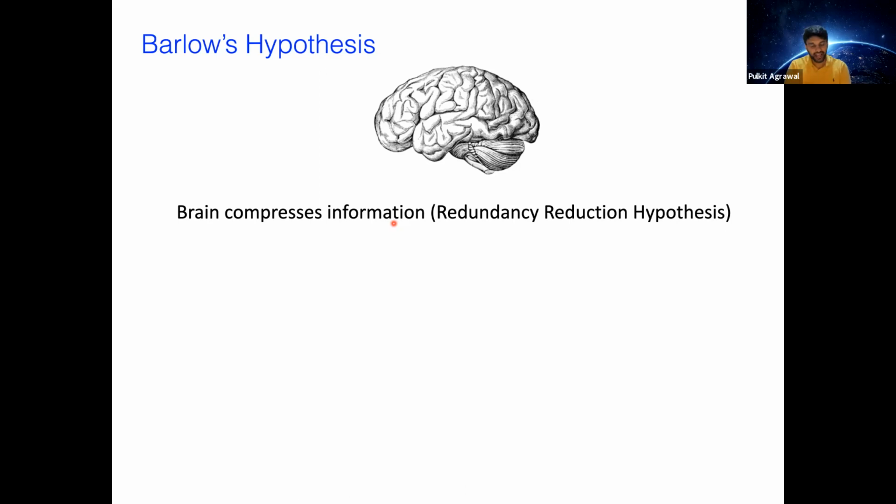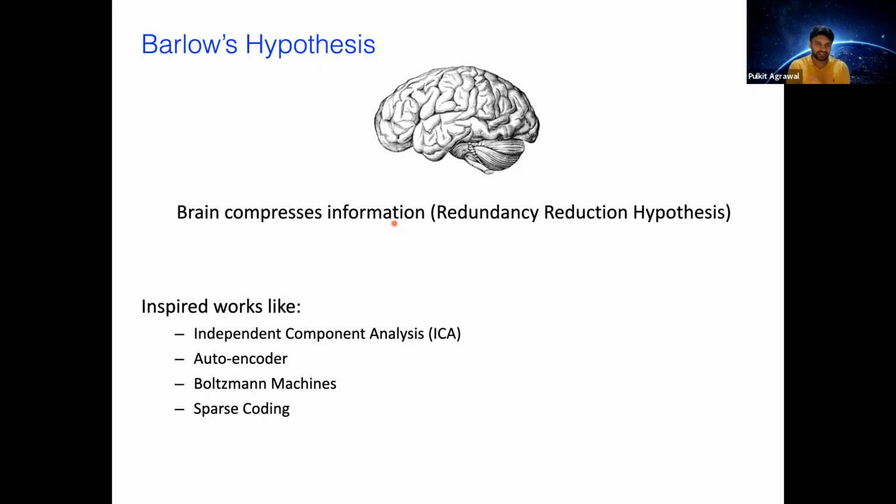That if I get a high dimensional observation, the brain is going to reduce it to as few bits as possible. And this inspired a lot of work, such as autoencoders, Boltzmann machines, sparse coding, independent component analysis, and so on and so forth. One of the popular implementations of this idea comes in the form of autoencoders.